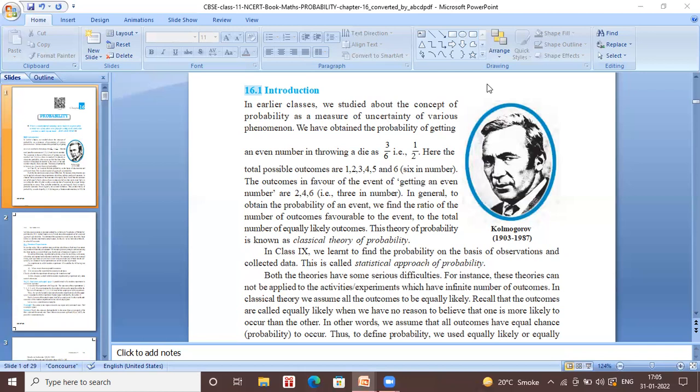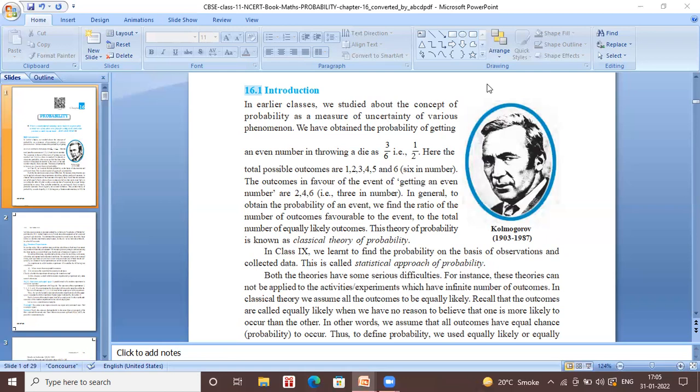The even numbers are 2, 4, 6, so the required number is 3, and the total number of numbers in a die is 6. Therefore, its probability is 1 by 2, that we did in 9th standard.